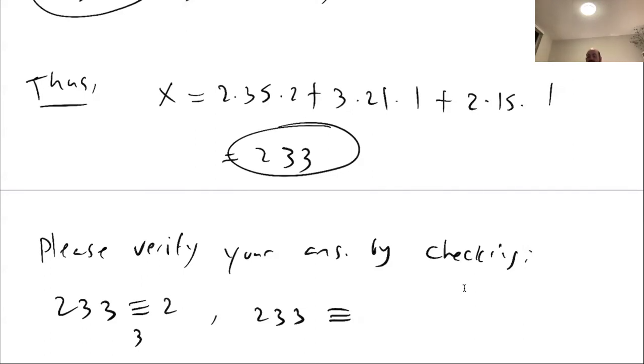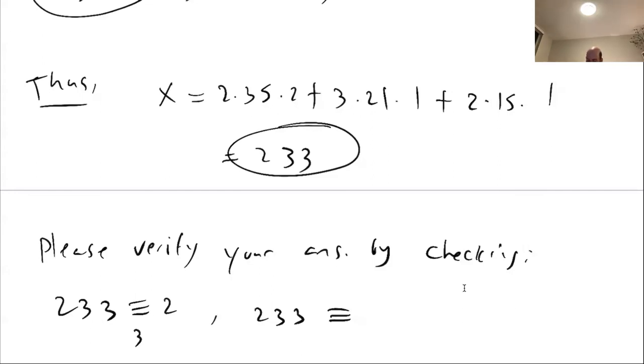Remember, the solution is unique mod m, which means any two solutions are congruent mod m. In other words, every solution can be written as 233, one of the solutions that we found, plus mk.